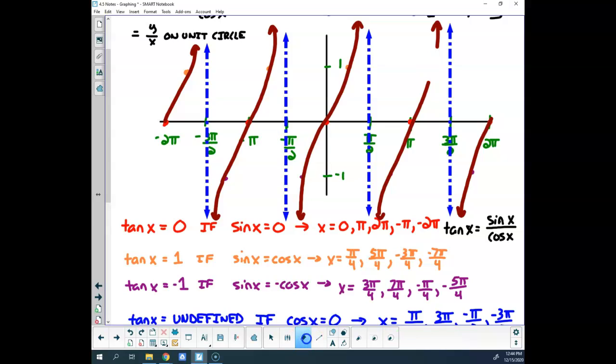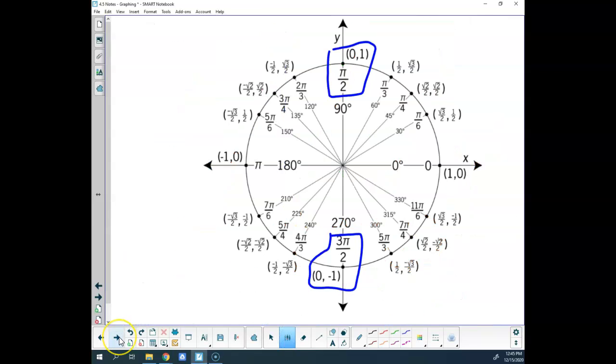Oh man. And that is the graph of tangent of x.